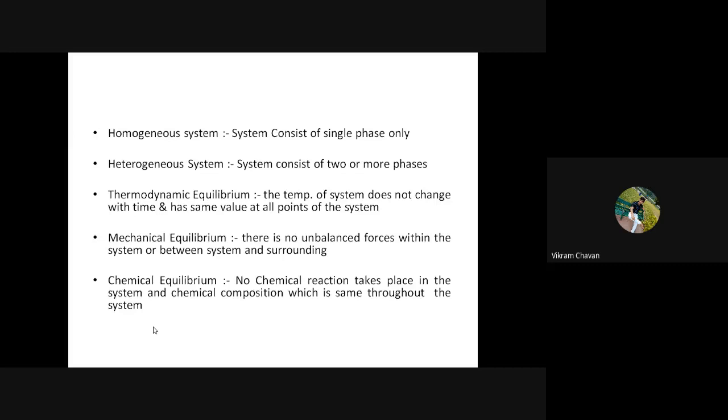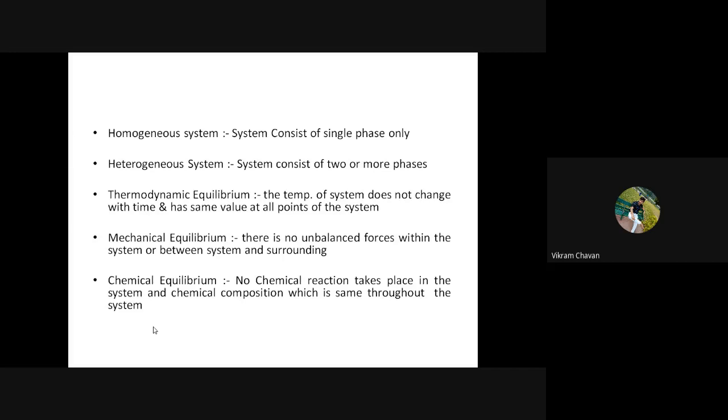Now in that jar, if you put in some ice cubes, then that system becomes a heterogeneous system. If a system consists of two or more phases of a matter or substance, it is considered a heterogeneous system. Homogeneous means only a single phase.